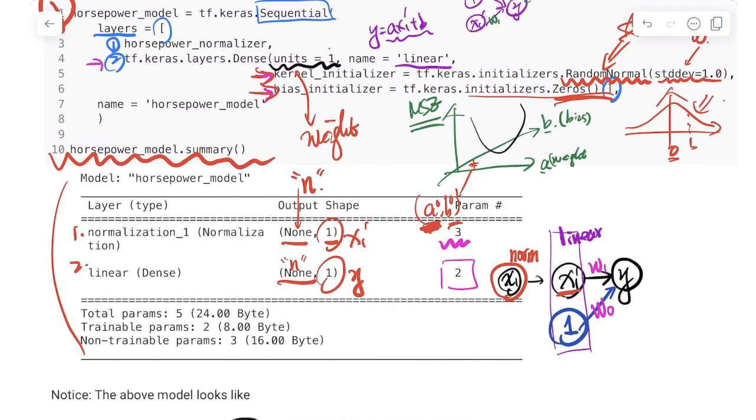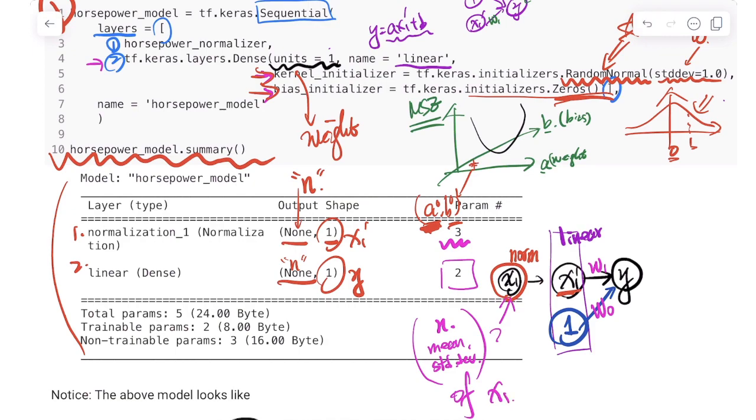But take a look at this one. For the normalization layer, we have 3 different parameters. We don't have 3 different weights, but think about one thing. When we apply normalization on all x values, you need to know how many samples you have, and you need to calculate the mean value, and you need to calculate the standard deviation of x1.